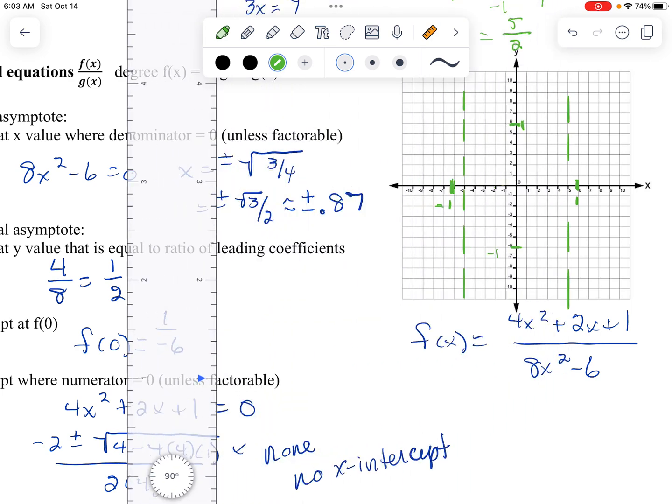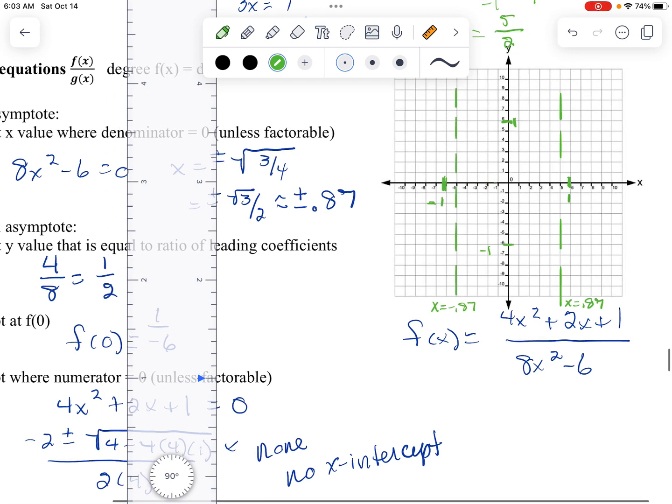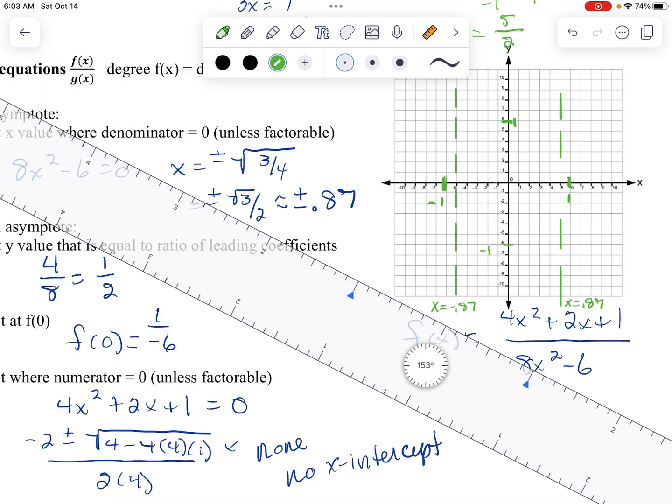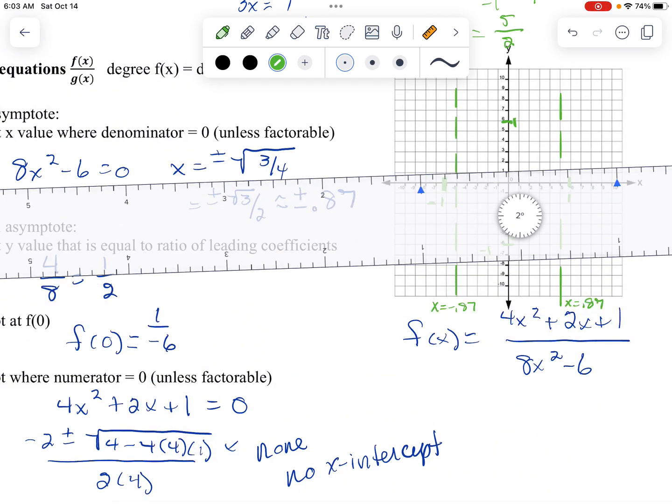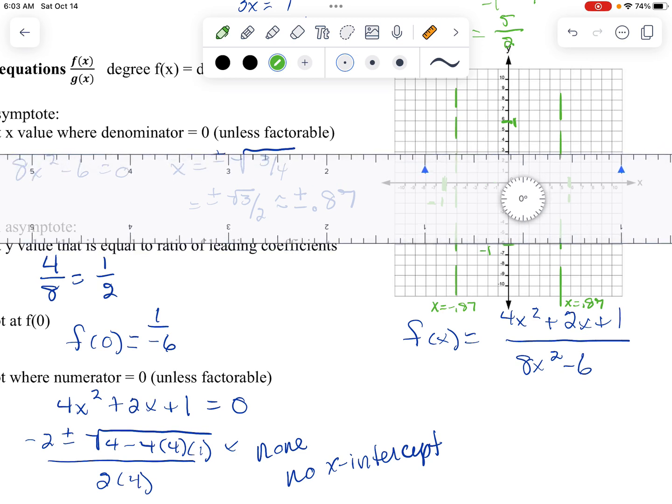And usually we label them. So I have x equals -0.87, x equals positive 0.87. Now we have our horizontal asymptote. That's at y equals 1/2. So I come up here, I find about 1/2.